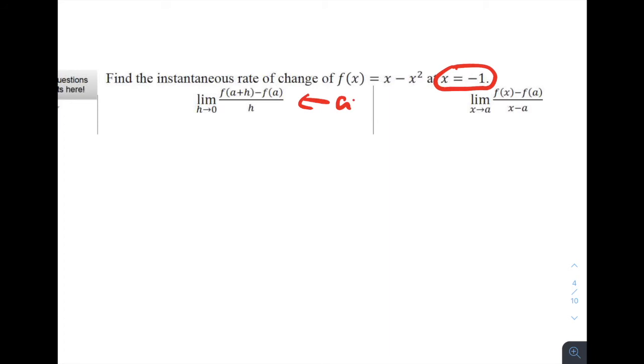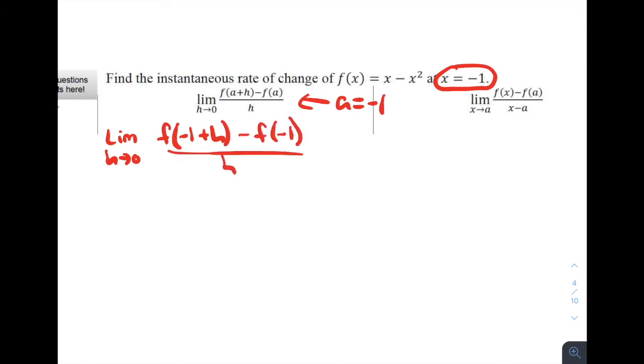So I'm going to say that actually a equals -1. And so if we plug into that equation, we're going to see here that the limit as h approaches 0 of f of -1 plus h minus f of -1 all divided by h. Next, what we need to do is think about what the function f is, right?